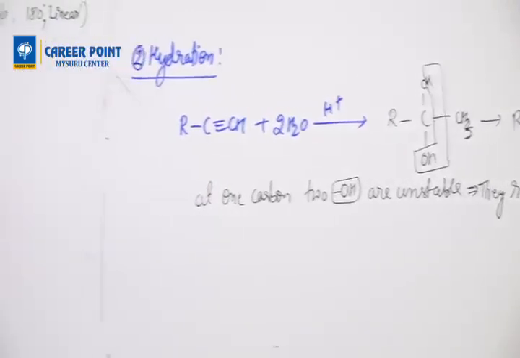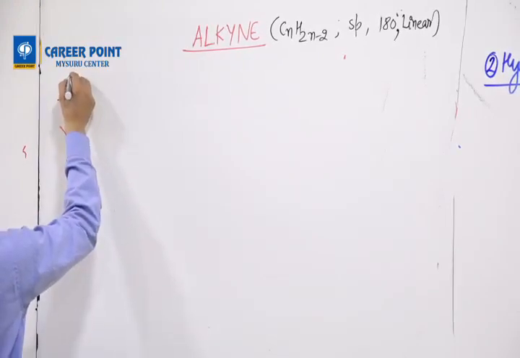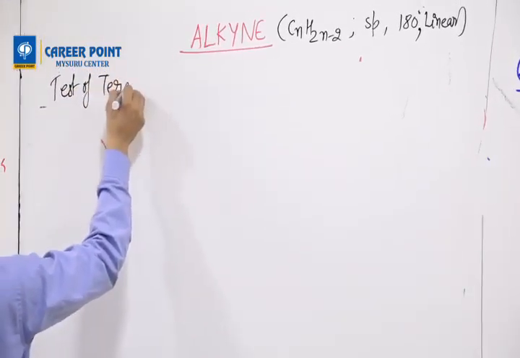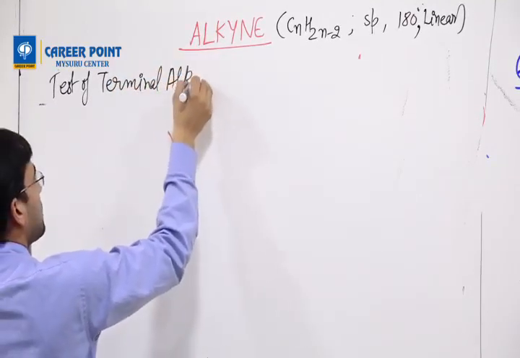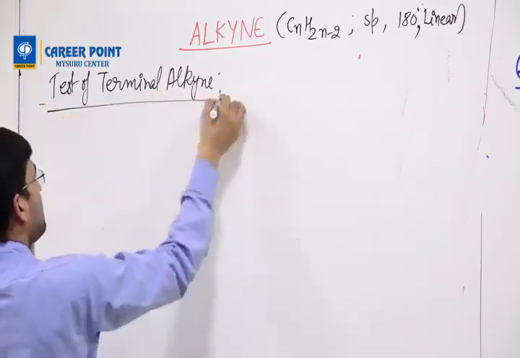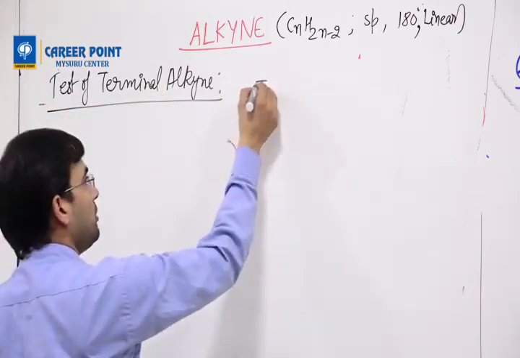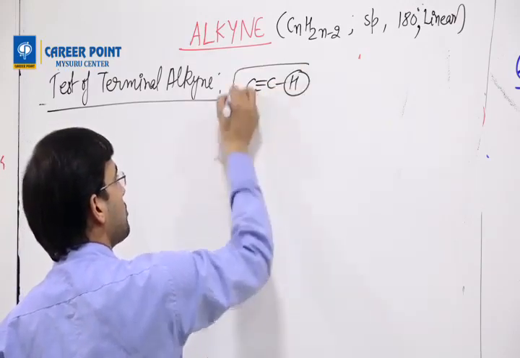So we have just said one more thing. The next one is the test of alkyne, or more importantly, the test of terminal alkyne. What happens in this case? Terminal alkyne means what? There should be a triple bond and then there is a hydrogen. This is the condition it should have.